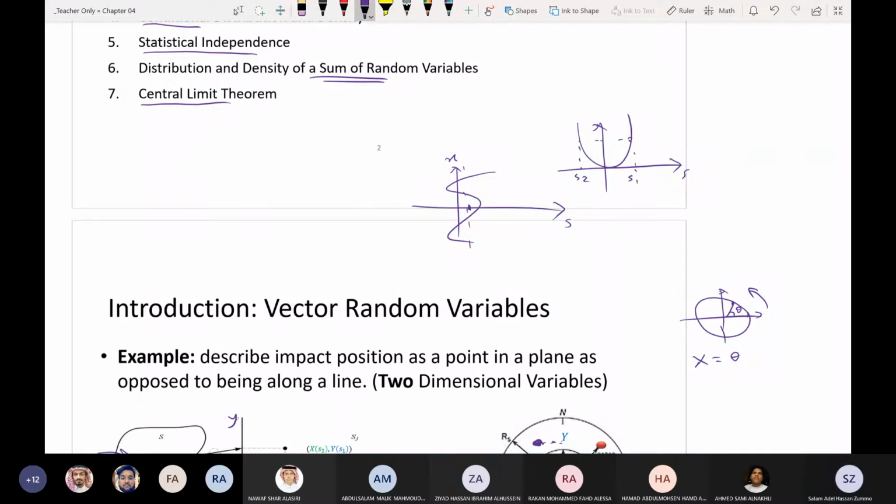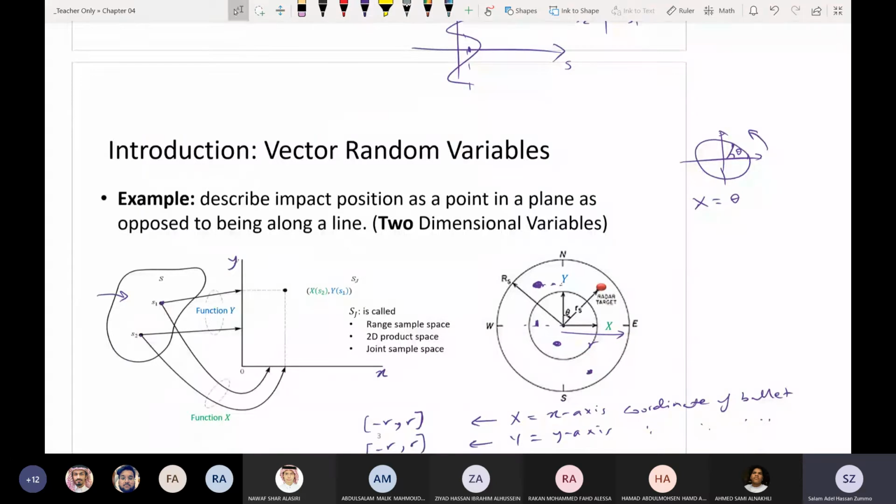So basically, one value of S can take only one value of X and Y. However, not the other way around. More than one value of S can take one value of X and Y.